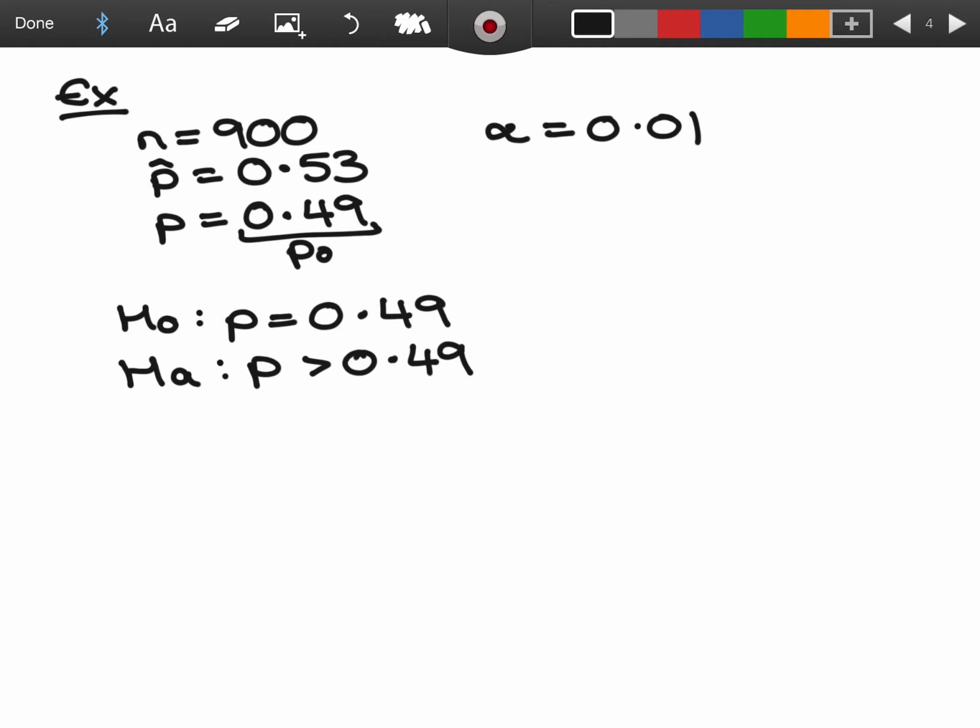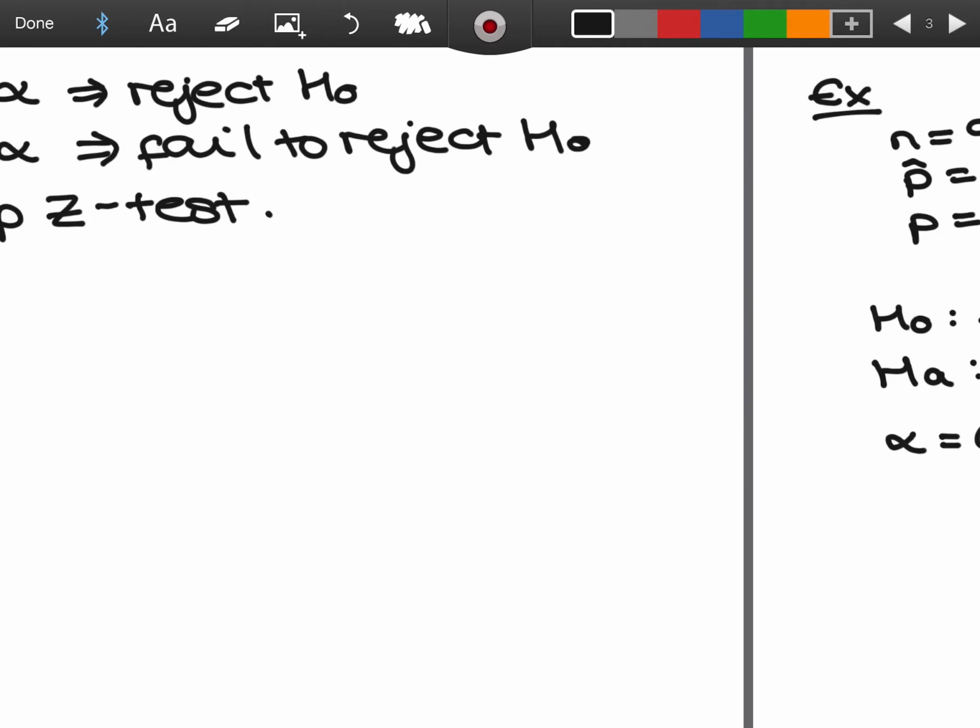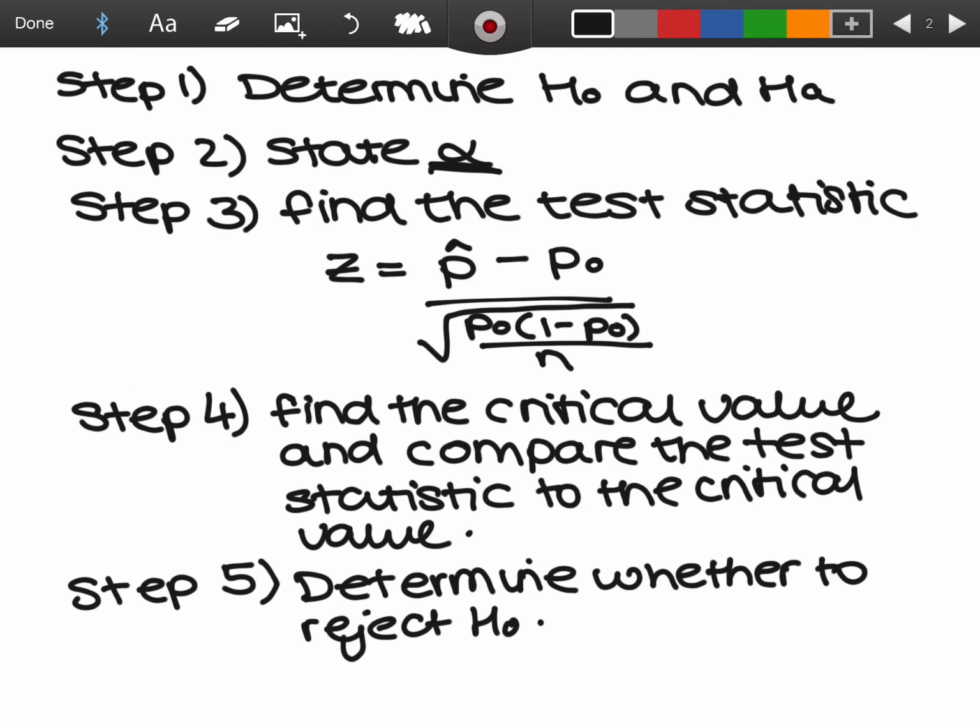Now, we know that alpha is 0.01. So here, we've done step 1, we've determined our null and alternative hypotheses. We've stated our significance level, okay?